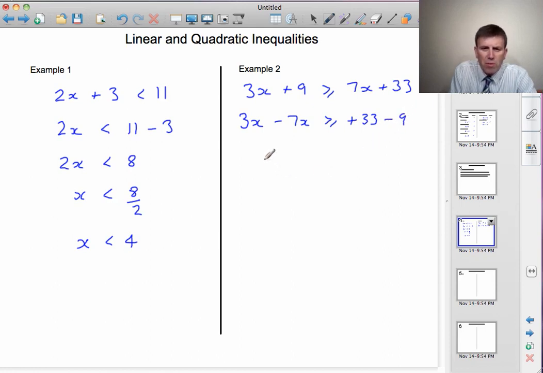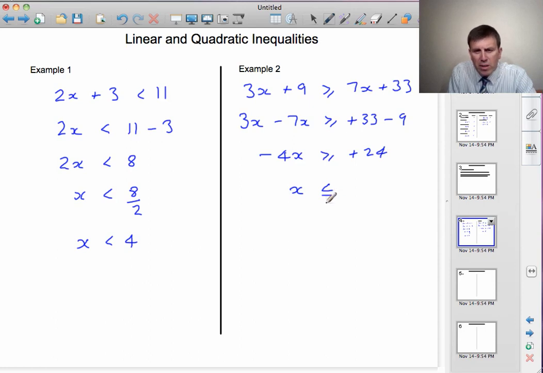Collecting terms together, 3x minus 7x is minus 4x, is greater than or equal to plus 33 minus 9 is plus 24. Now, to find x, I need to divide by the minus 4. But if I divide by a negative number, the inequality swivels around the other way.